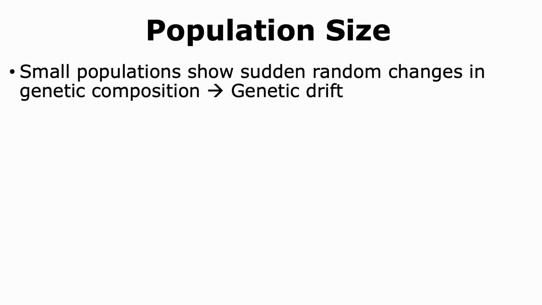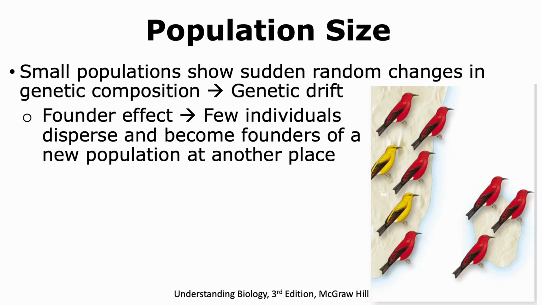Another factor that can affect the evolution of organisms is the size of the population. When population sizes are small, they can show sudden random changes in the genetic composition of the offspring that arise. This phenomenon is called genetic drift. An example of genetic drift can be seen through the founder effect.